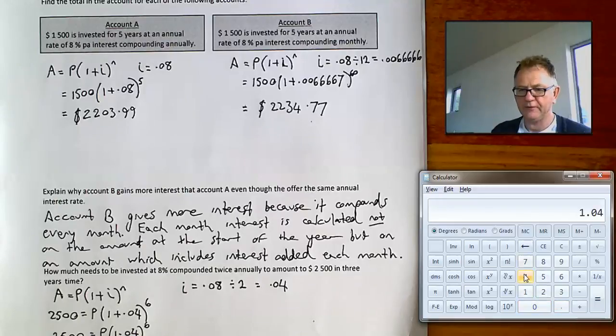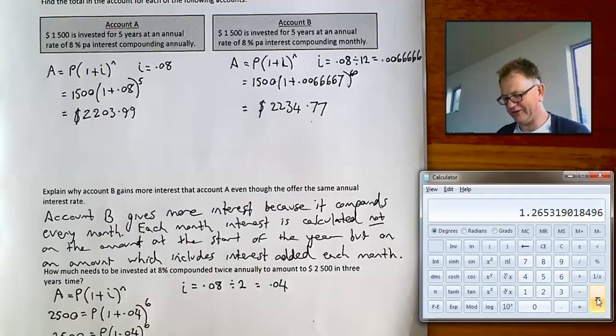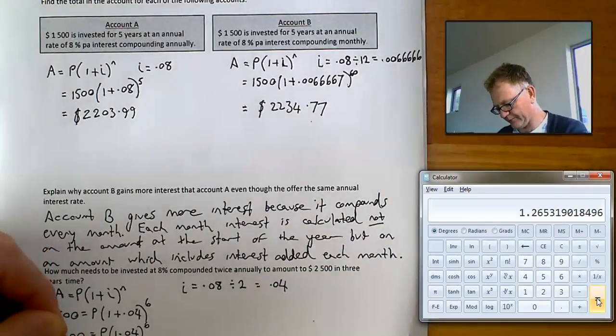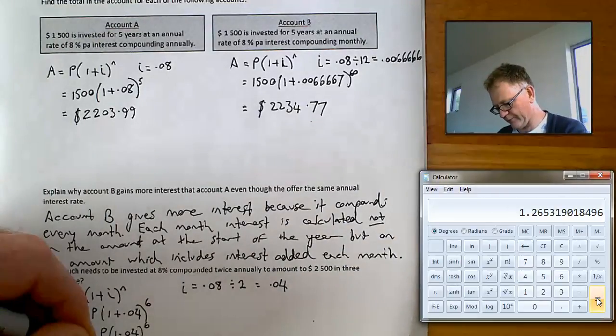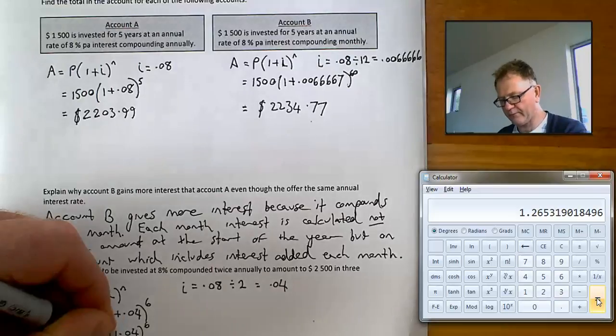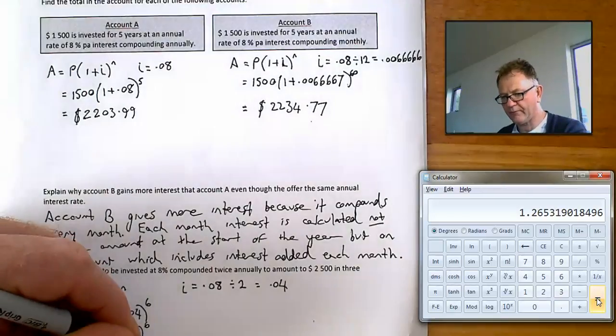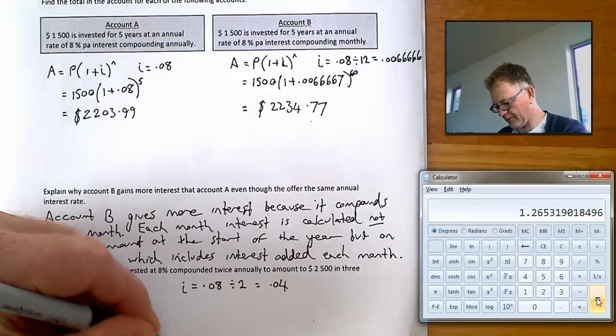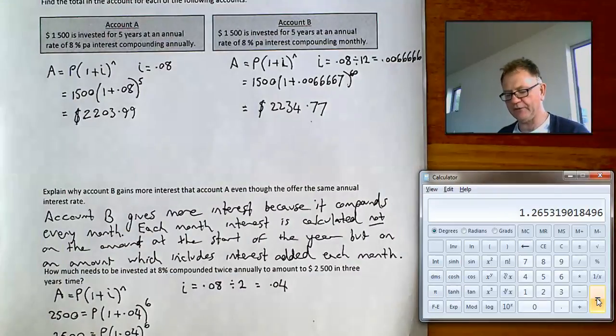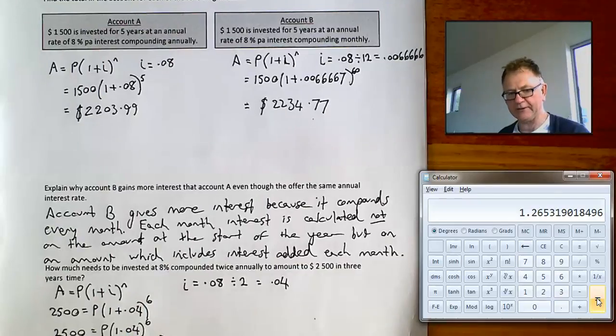1.04 raised to the power 6. I get an answer of 1.2653. If I want to get P by itself in this equation, this is P times 1.2653.